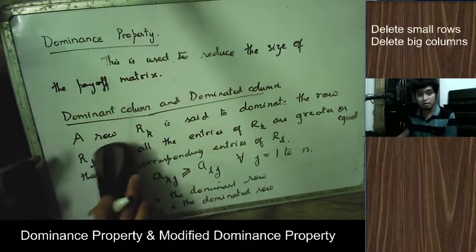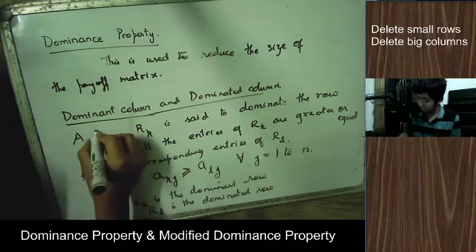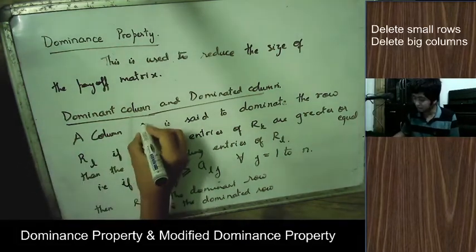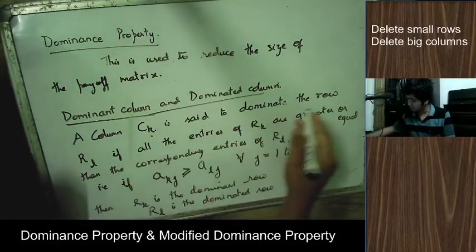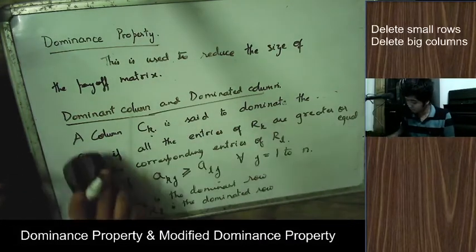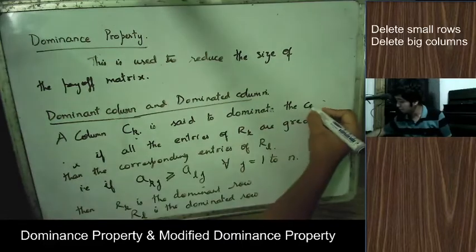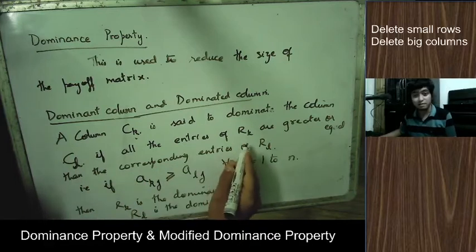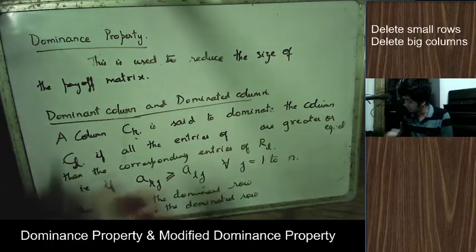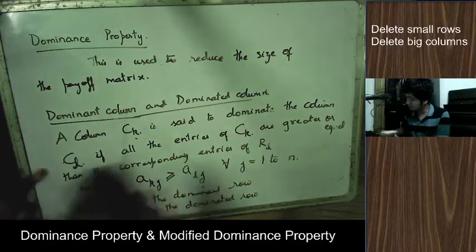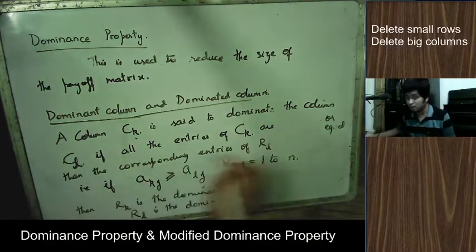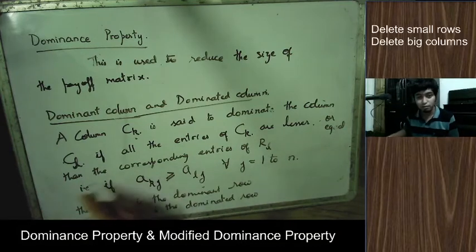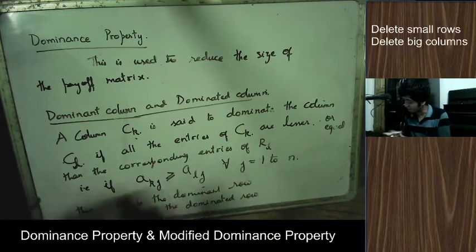A column Ck is said to dominate the column Cl if all the entries of Ck are smaller or equal to the corresponding entries of Cl.